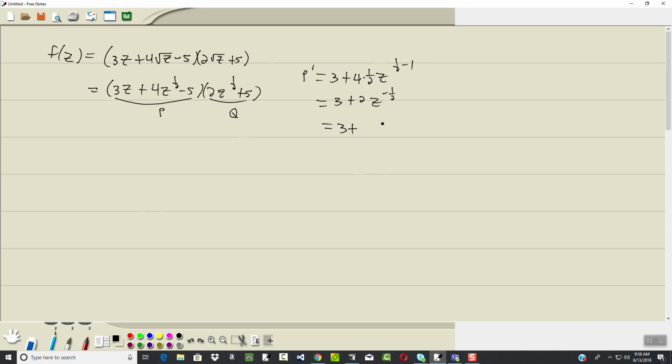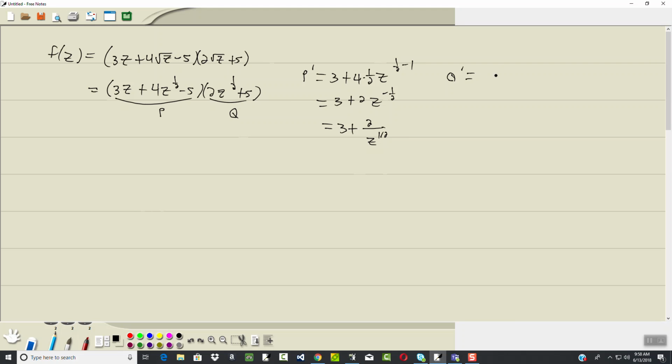And we never want negative exponents, well, I shouldn't say never, but typically we never want them unless the problem indicates otherwise. So how I get rid of that negative exponent, I take the z to the negative 1/2 to the denominator. And this can actually be simplified a little bit more, but we'll leave it that way for now.